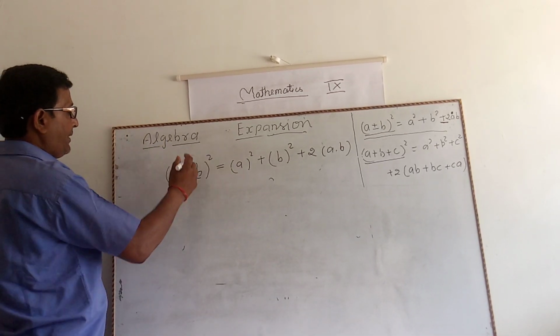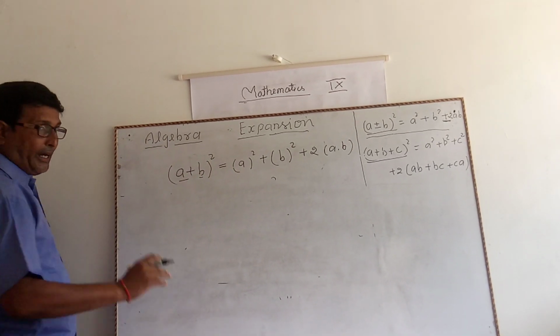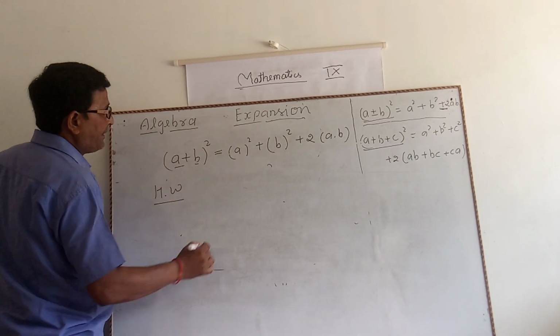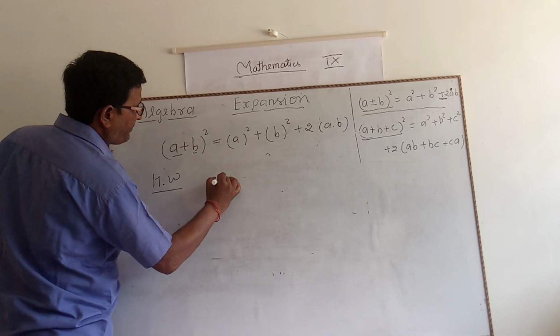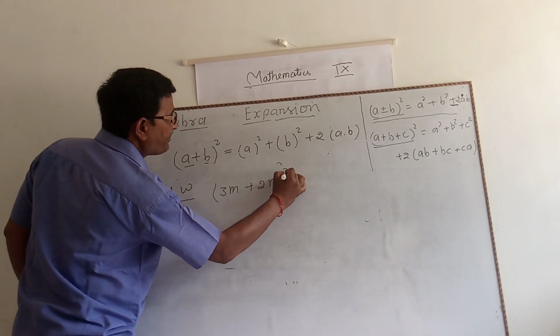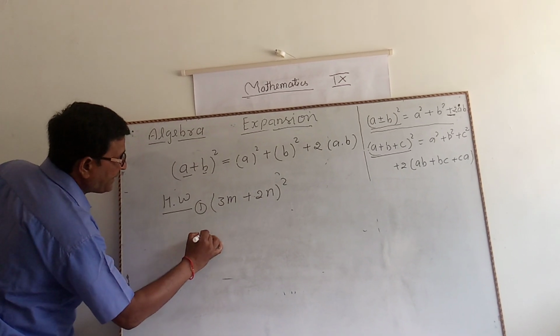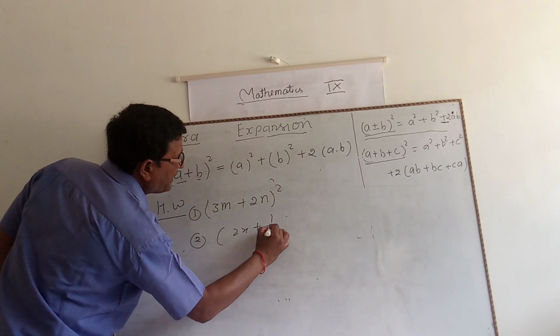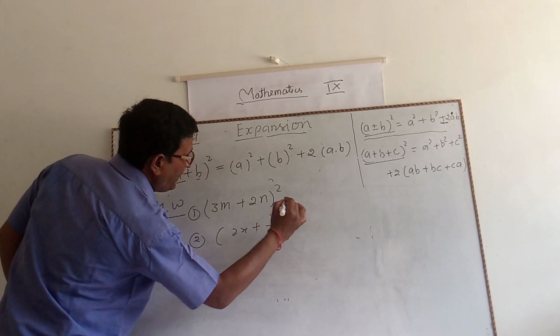For homework, write the first question: 3m plus 2n whole square. Second, 2x plus 1 by 2x whole square.